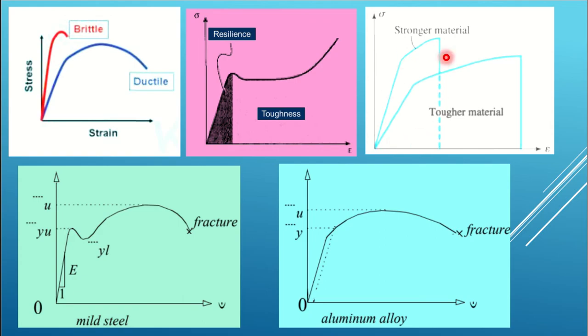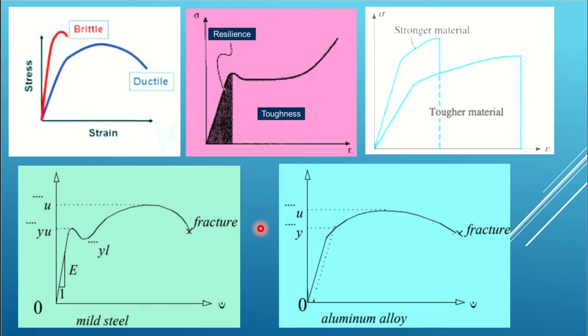The material is stronger because it exhibits a higher yield strength, but it is not tougher because over a long duration it will break. A tougher material can absorb shock or impact for a longer period. So that is the difference between a stronger material and a tougher material. That was the main motivation why I put all these three figures: the difference between ductile and brittle material, and what resilience and toughness are.